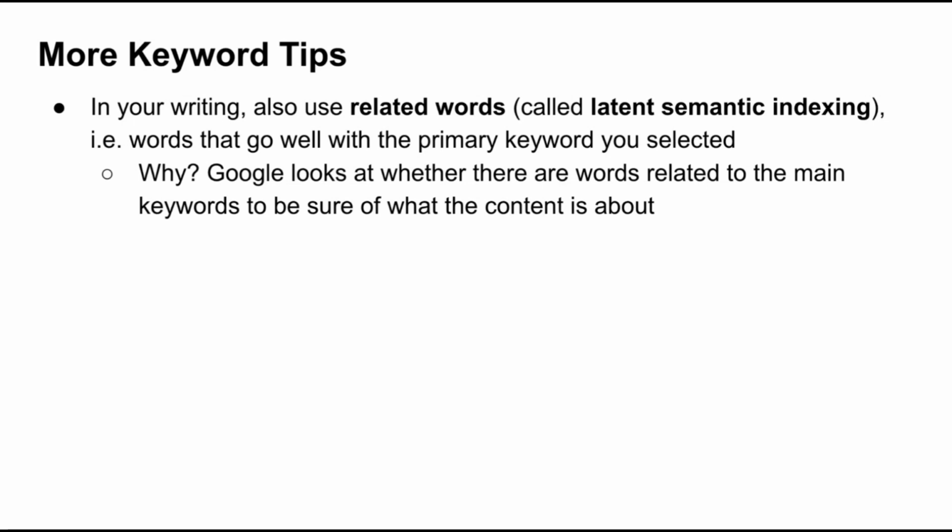A related keyword is known as a latent semantic indexing keyword. The reason you want to select one or two related words is that Google is looking at whether or not those words are related to the main keyword, and you want to make sure that you include them in your content.